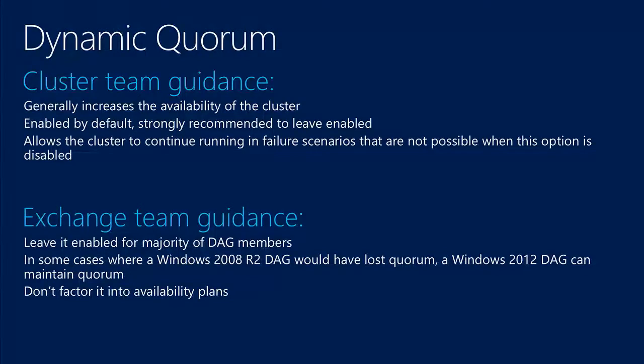So the guidance from both Exchange and the cluster team is to just leave it enabled. It's enabled by default. Just let it do its thing, but don't do any sizing or capacity planning or resiliency planning around that feature. Maybe it might provide you with some benefits, maybe not. It's just the kind of thing where you want to just let it do its thing in the background and not do any planning or anything around it. It'll just be there working.